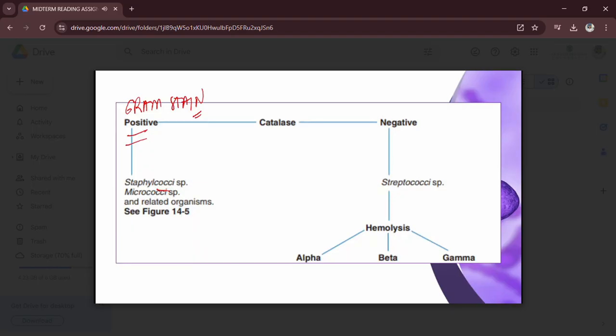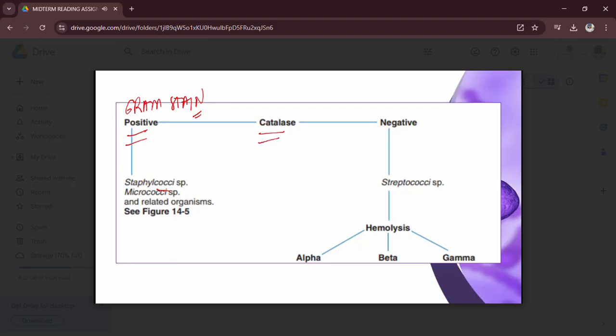Now, since all of those are similar in Gram reaction, we need to differentiate one from the other so that we can eliminate organisms and better identify the organism present in the sample. So what are we going to do next? We do a test that will differentiate Staphylococcus from Streptococci, which is the catalase test.